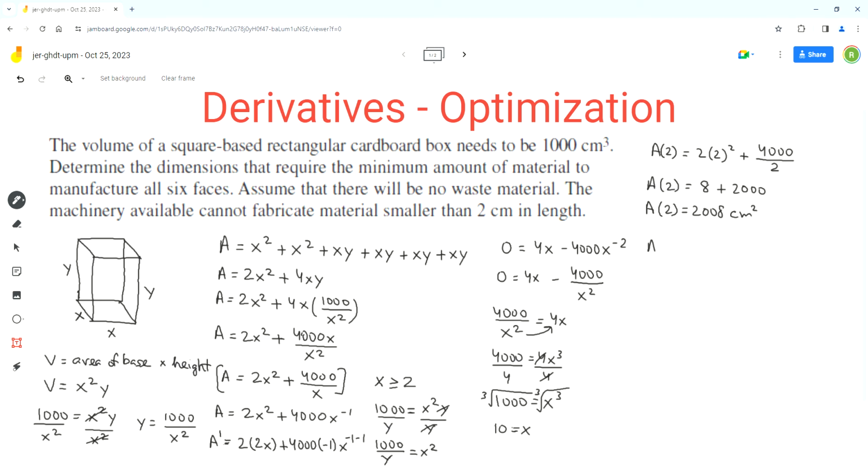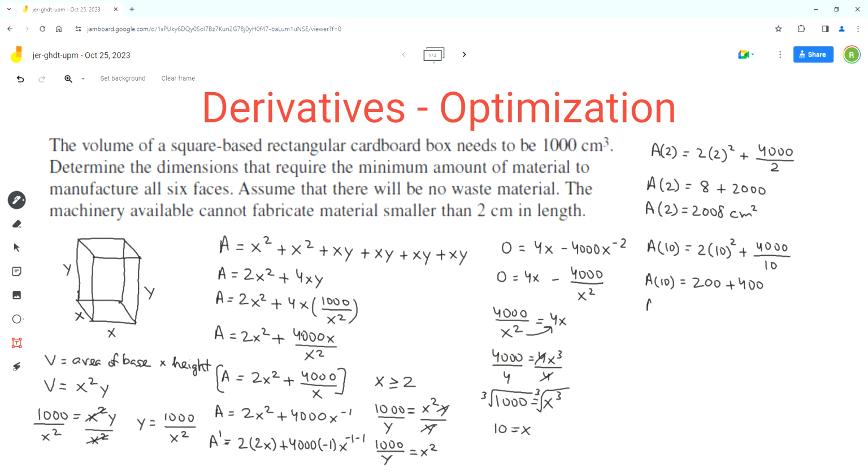Now we can calculate the area at x equals 10. So we get 2 times 10 squared plus 4000 over 10. So we get 2 times 10 squared, which is equal to 200, plus 400.